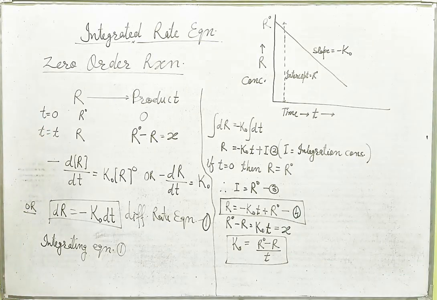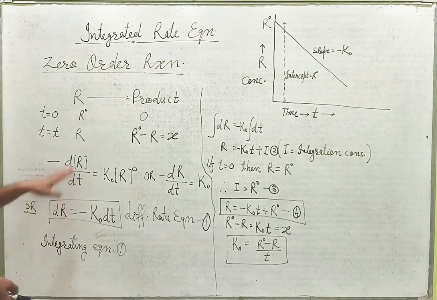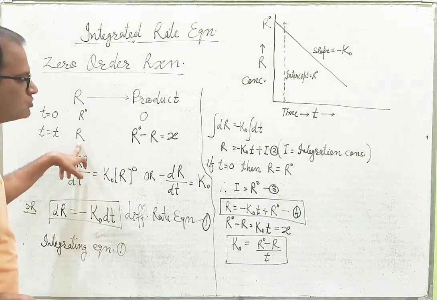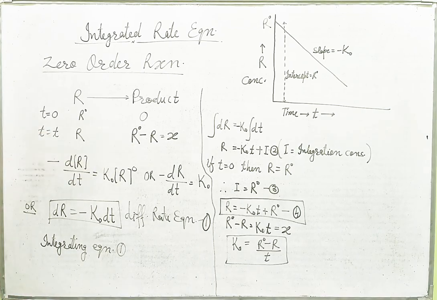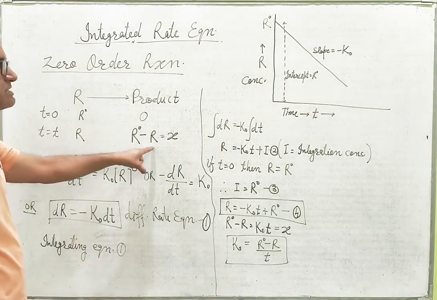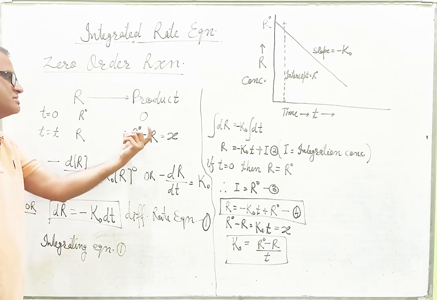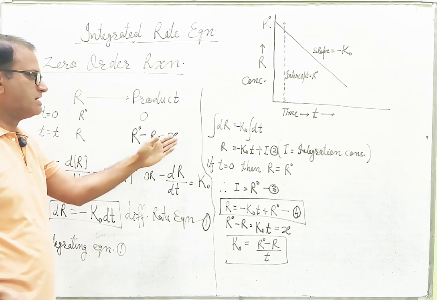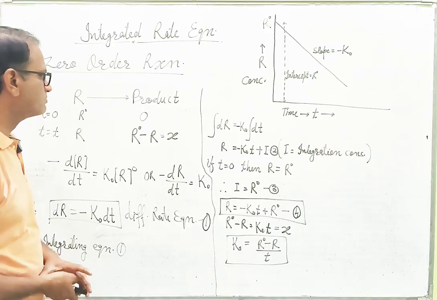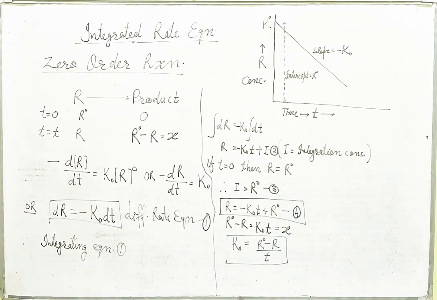Then at t time the concentration of reactant becomes R. So the concentration of product will become R0 minus R, because this much concentration has changed into product, and that is suppose X. R0 minus R is equal to X.